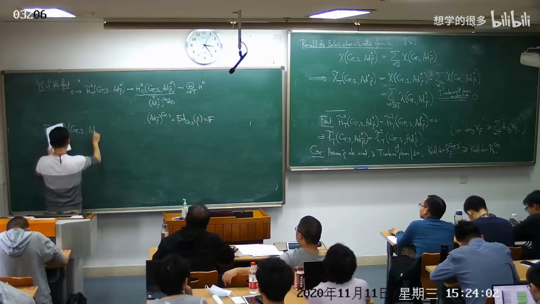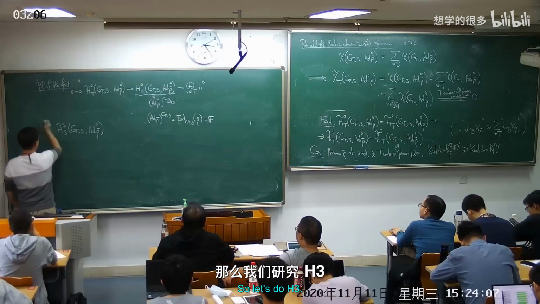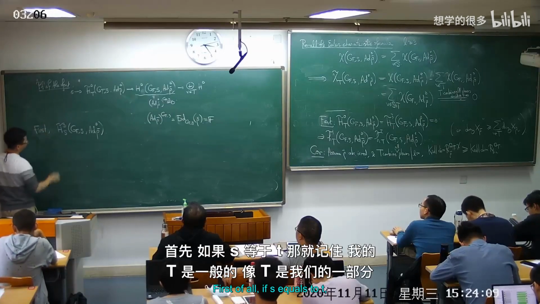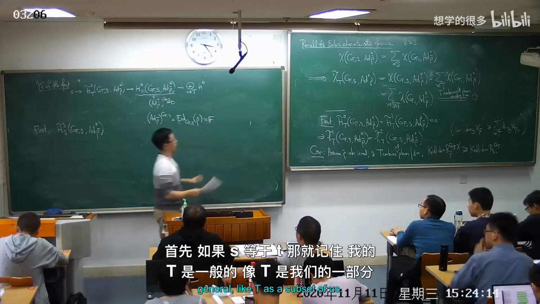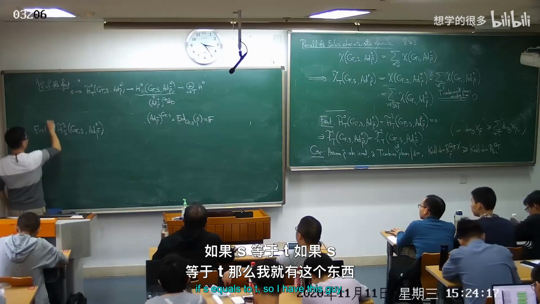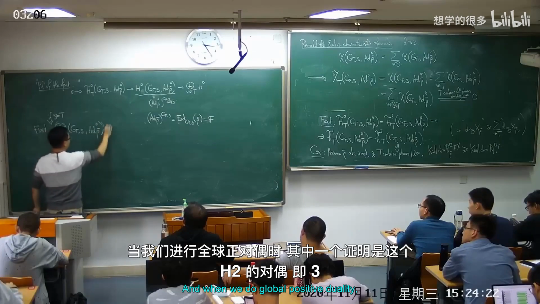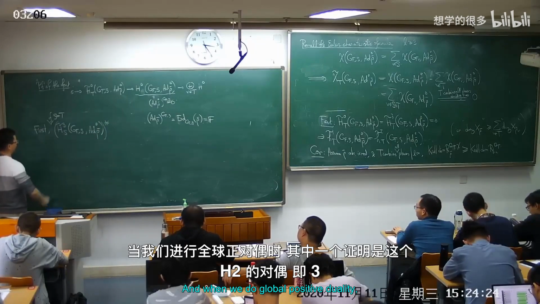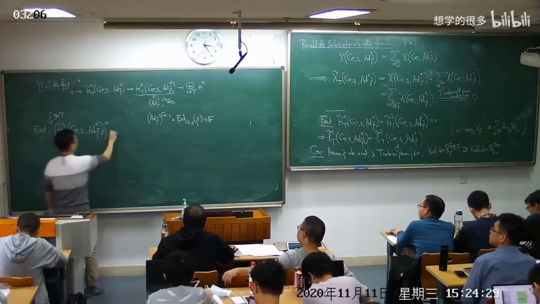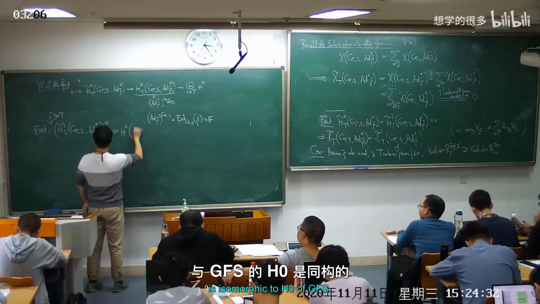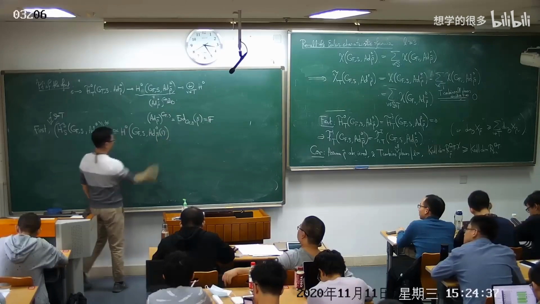So let's do H3. First of all, if S equals T, so remember my T is general, T is a subset of S. If S equals T, so I have this. When we do global Poitou-Tate duality, one of the steps in the proof is that the dual of this H2 to 3 is isomorphic to H0 of G_{F,S} with coefficients in adjoint rho circ 1.